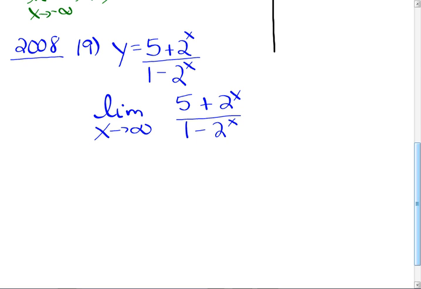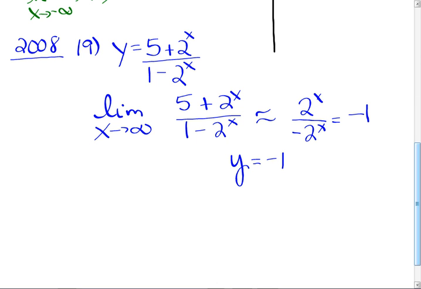As x goes to infinity, what's going to happen here? If x goes to infinity, do we really worry about the 5 and the 1? No. So it's going to look like 2 to the x over minus 2 to the x, which is negative 1. So the equation for that asymptote is negative 1.